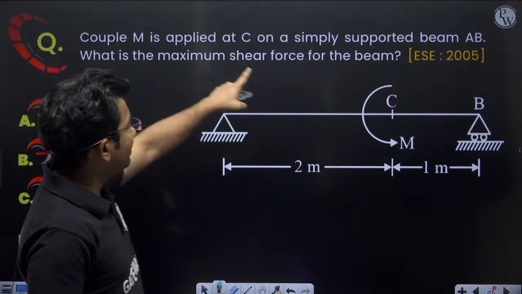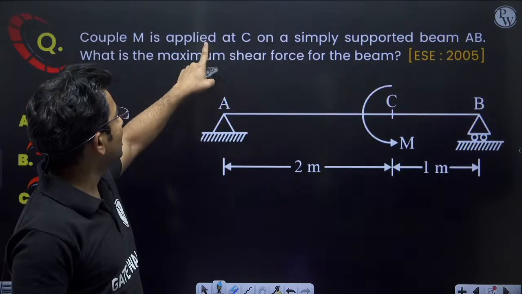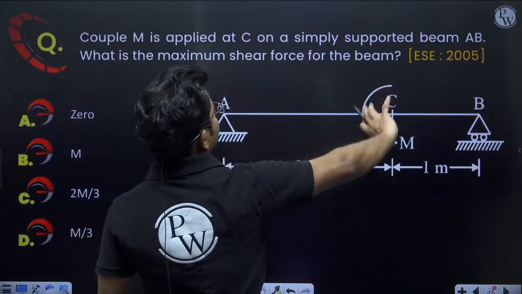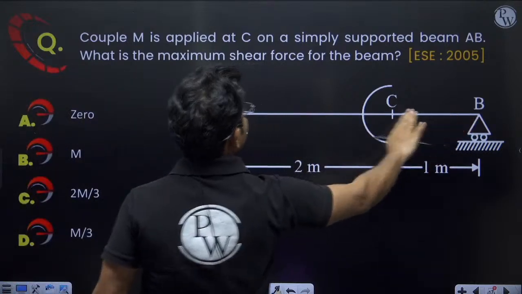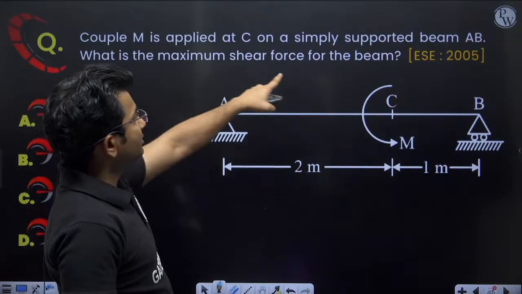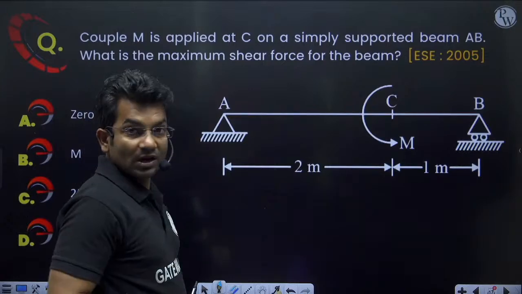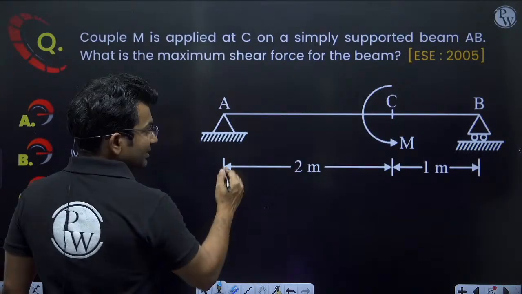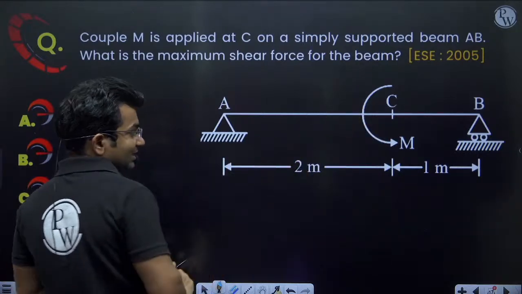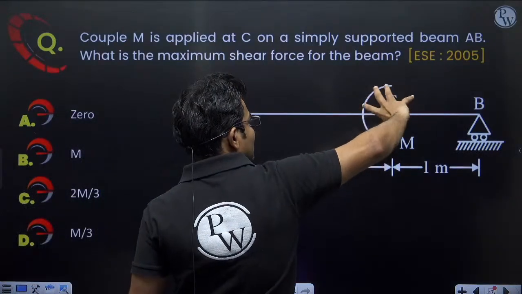Couple M is applied at C. So at this point C, a couple M is applied on a simply supported beam AB. So this is the simply supported beam AB. Couple is applied. What is the maximum shear force for the beam? Here the support reactions, in this case, this couple is anti-clockwise.